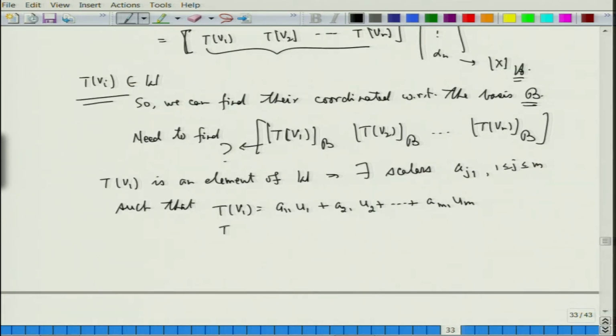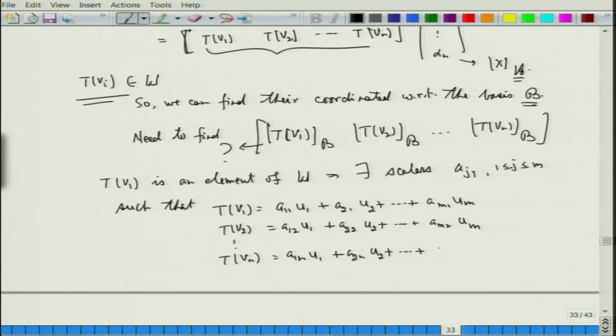Similarly, I can write T of V2 as A12 U1 plus A22 U2 plus Am2 Um, and so on till T of Vn is A1n U1 plus A2n U2 plus Amn Um.